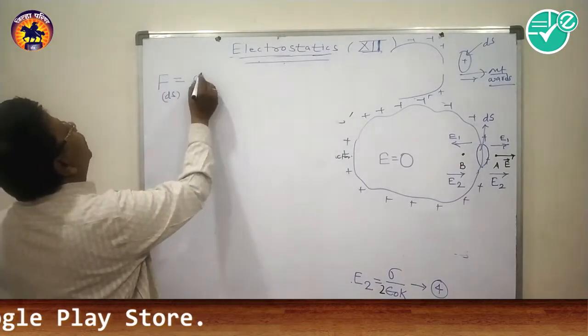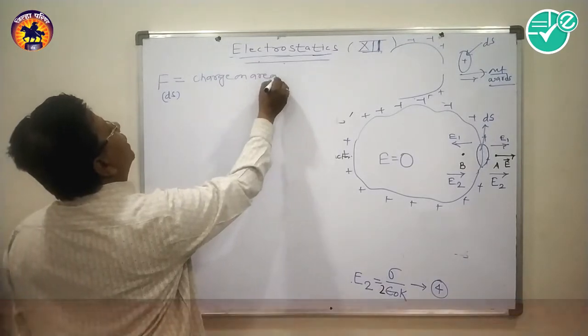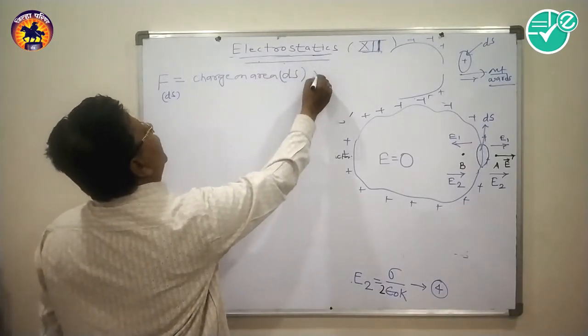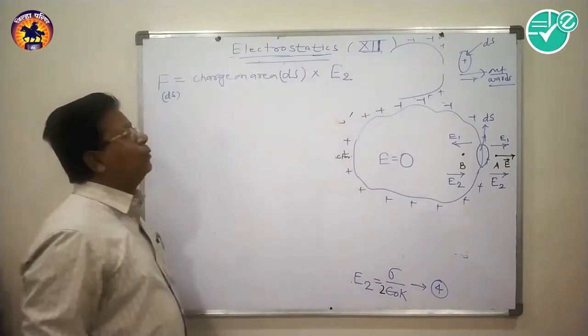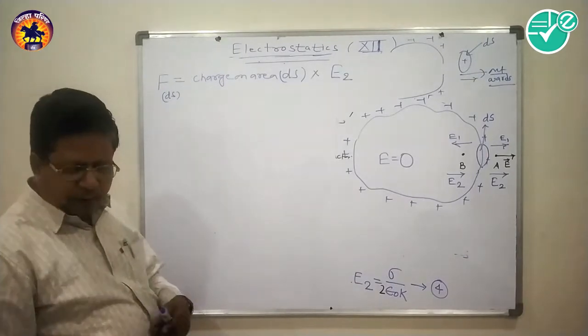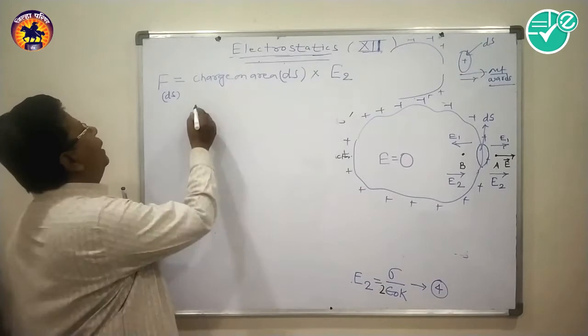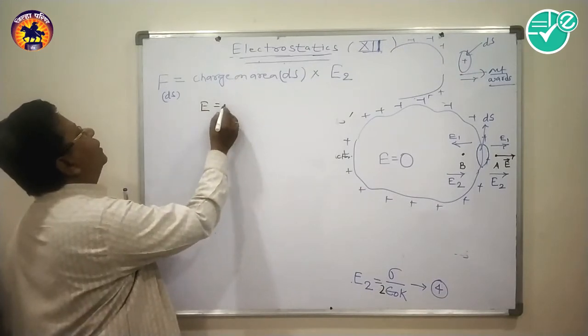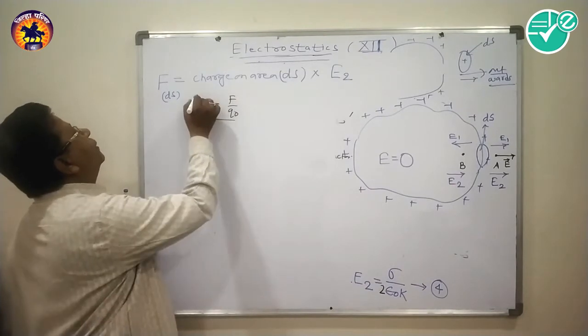This mechanical force is given by the force on area ds is equal to charge on area ds multiplied by electric field intensity E2, and this expression is obtained from the definition of electric field intensity. Electric field intensity is nothing but force acting on unit positive charge.